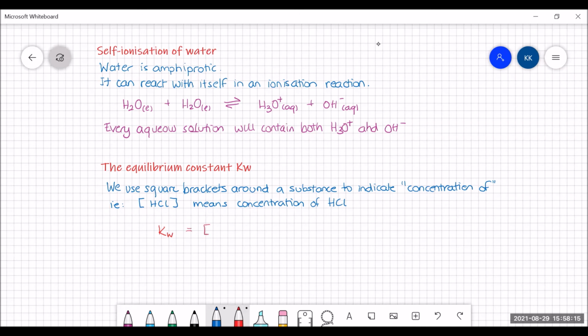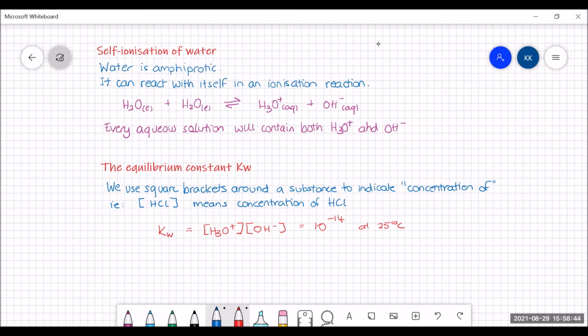And Kw is found by multiplying the concentration of hydronium ions in your solution by the concentration of hydroxide ions. And it turns out that the product of those two concentrations is 10 to the minus 14 at 25 degrees. Believe it or not, water ionizes more or less depending on what the temperature is.